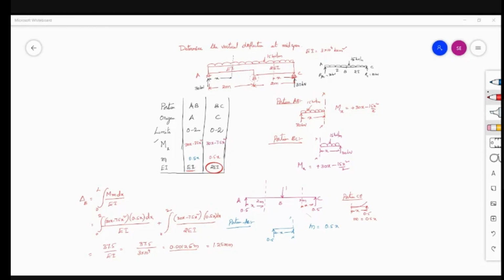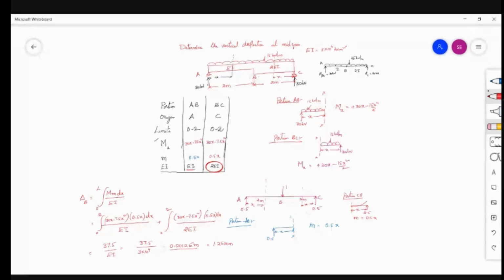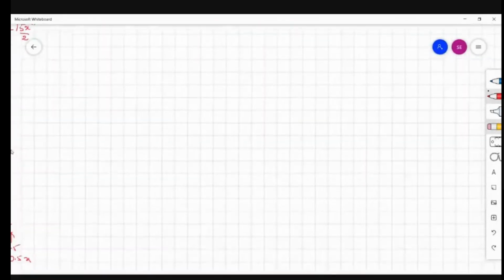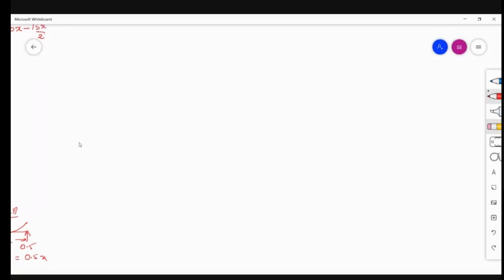Let me give you some problems for your exercise. Note down the problems. You can solve it and try whether you are able to get the answers or not. Find the central deflection of the beam shown in figure.